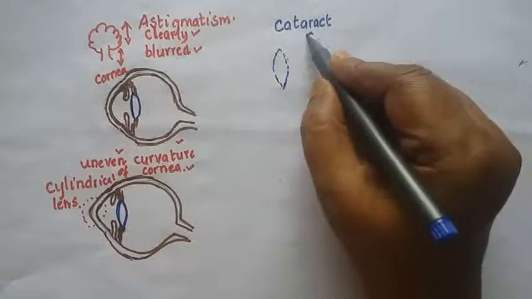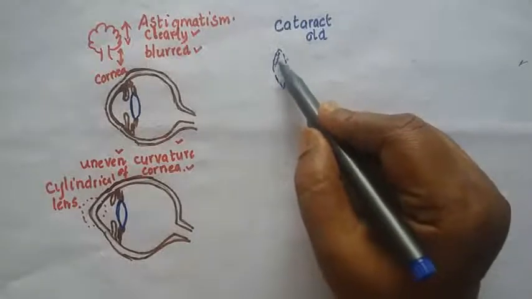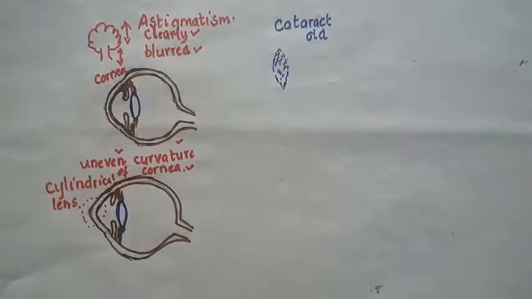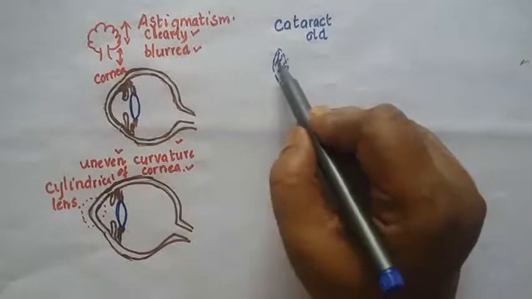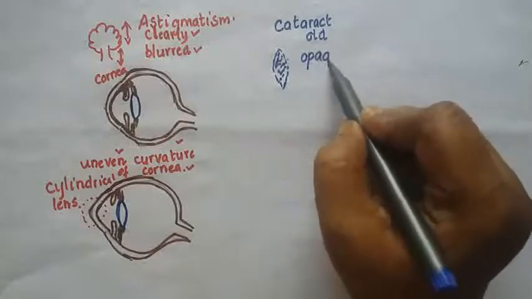Now, as we age, as we are becoming old, the transparency of the lens will be lost. It means the transparent lens now turns opaque.